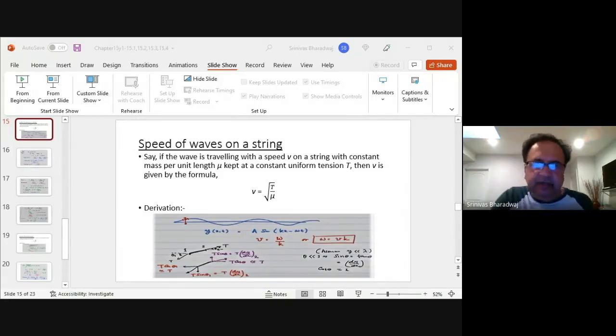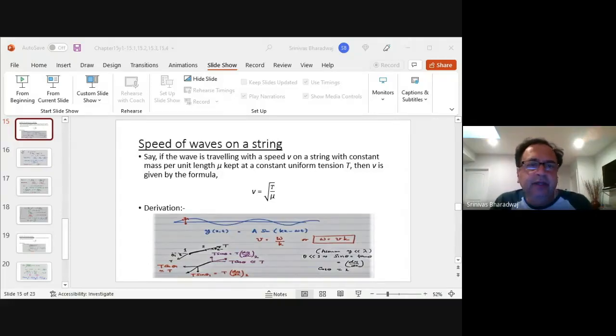The distance traveled here is delta x. So how soon does it go a particular distance? It goes a particular distance in this short period of time. Therefore, you have v equals square root of T over mu. And v is equal to omega by k, therefore we end up with this formula. That's how this works.